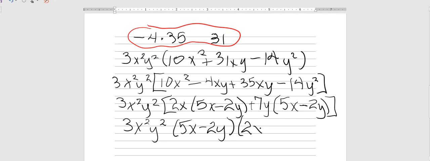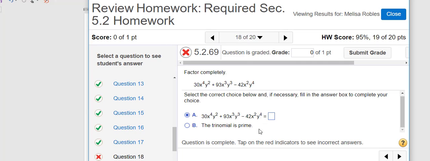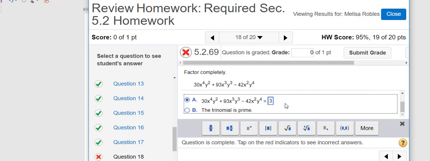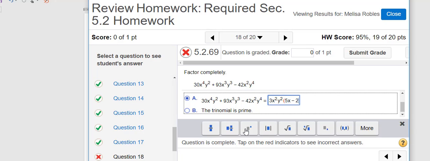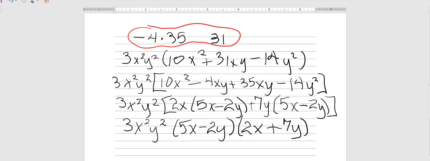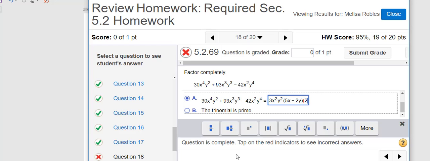So the factors are 3x squared y squared times 5x minus 2y times 2x plus 7y. And so I go back to my math lab, and I want to put that in for my factorization of this polynomial.